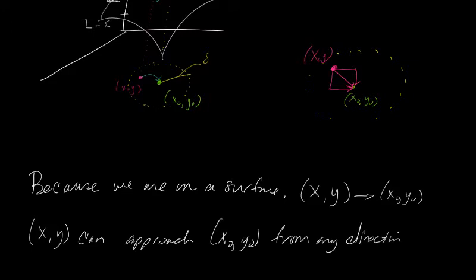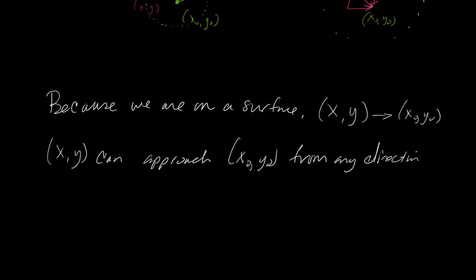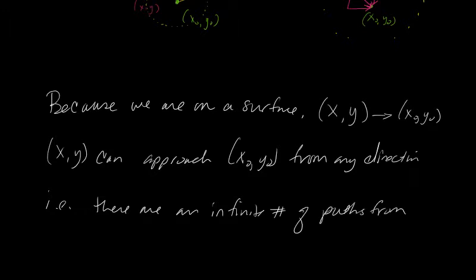Okay, so in other words, there are multiple paths. There's an infinite number of paths from x, y to x naught, y naught.